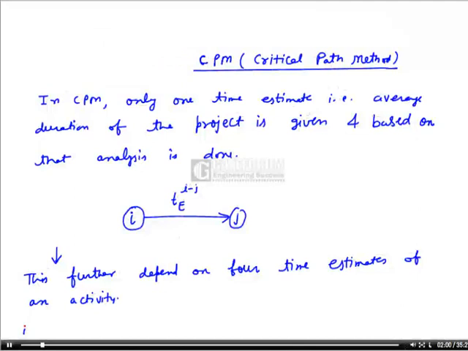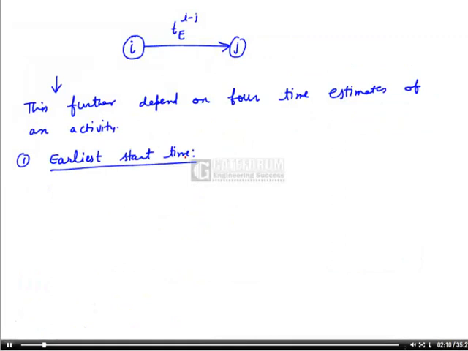So first one is earliest start time. Earliest start time means the earliest occurrence time of an event where the activity originates.